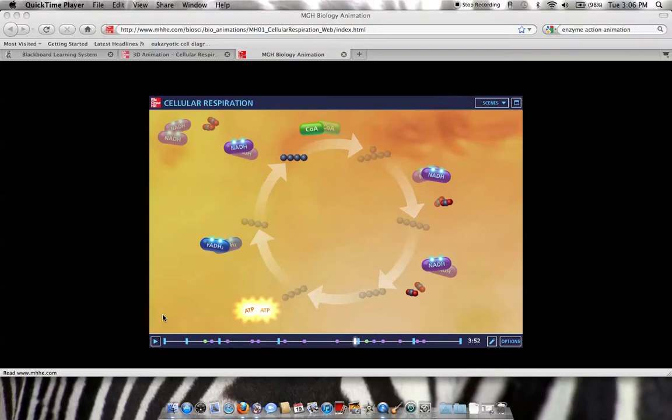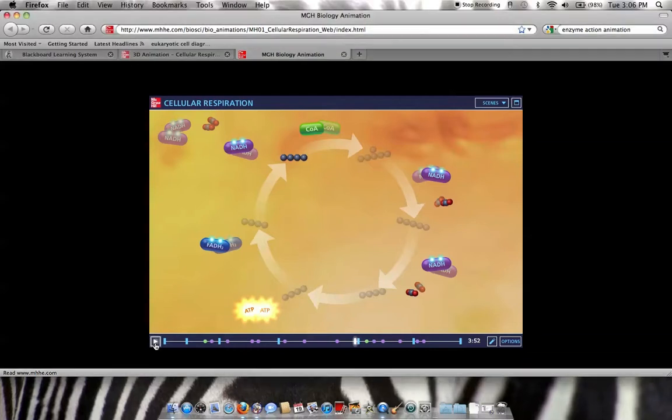The matrix is the fluid inside the mitochondria. And then our final reaction, the electron transport chain, occurs in the cristae, or the inner membrane of the mitochondria. So let's begin. The electron transport chain.